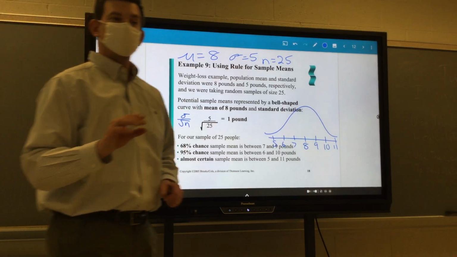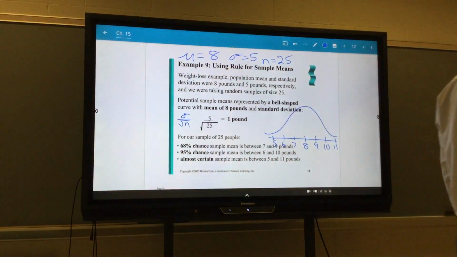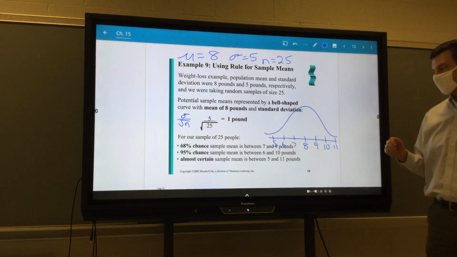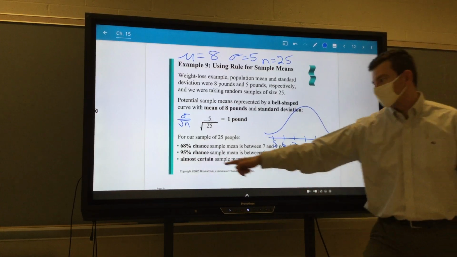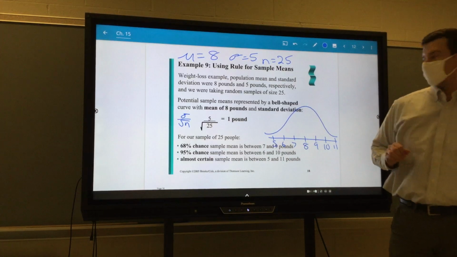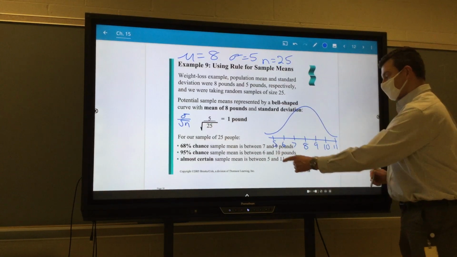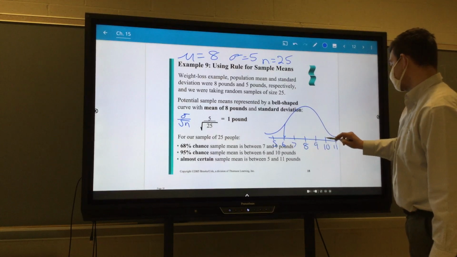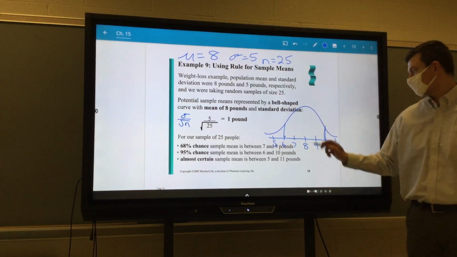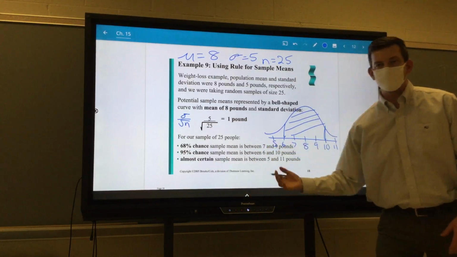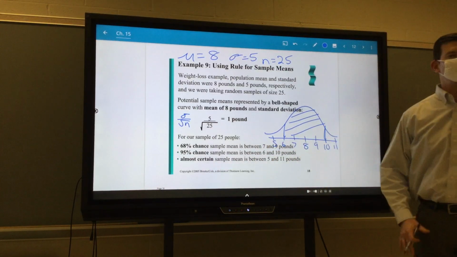And because this fits the normal model, use that empirical rule, 68, 95, 99.7. 95% of our sample means should be between 6 and 10 pounds. Right there. Almost 100%, 99.7%, is between 5 and 11 pounds.